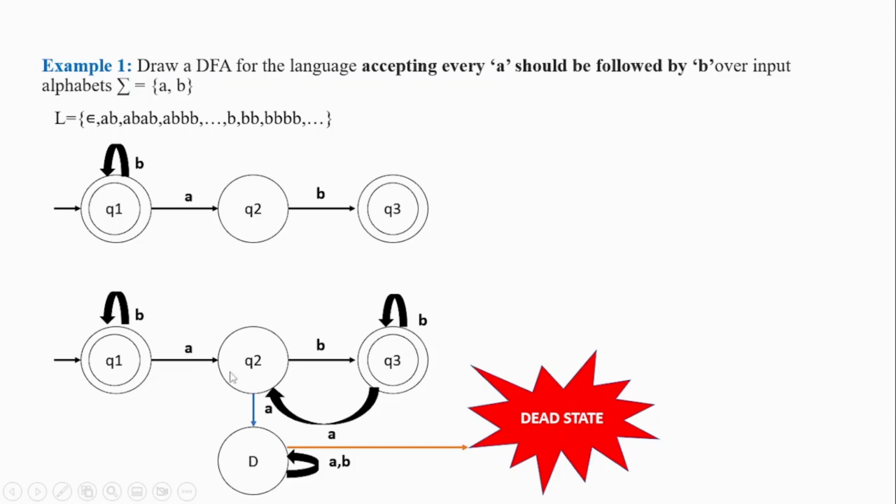Then from here, if it sees B, then it enters into the final state. Then from here, what will happen if it sees B? So A followed by B, then only it will enter into the state Q3. From here, if it sees B again, then it will be in the final state only. So for example, the string A, B, B, B will be in the final state only. But again, if it sees A from here, what will happen?